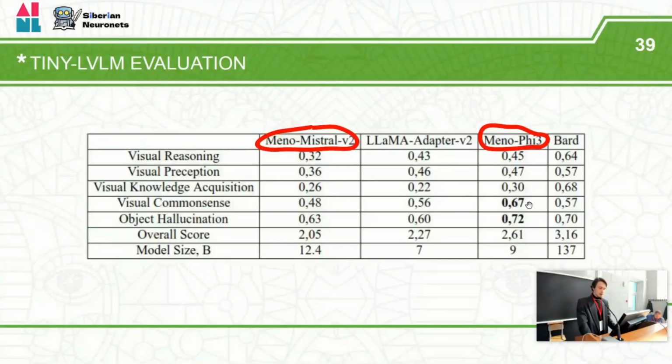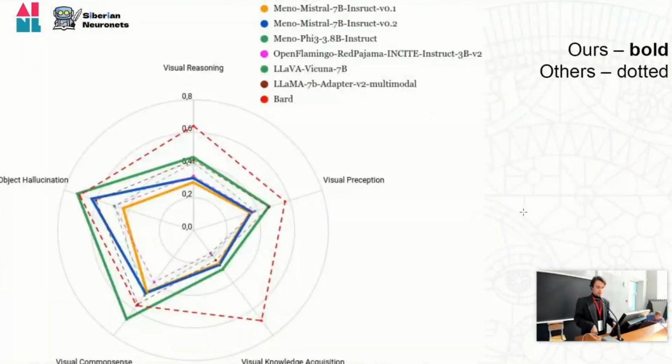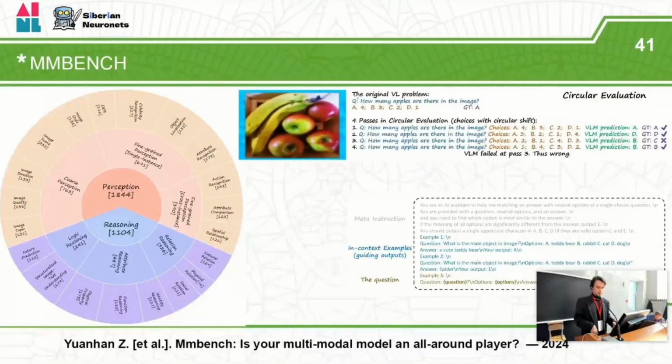We beat even huge models with a lot of parameters, like Bard, now known as Gemini, at least in visual common sense and object hallucination. And it was one of our goals, because we wanted to create an interpretable and adaptable system. Here is a diagram, if you want to look: our solution is in bold, and others are dotted. You can see visual common sense and object hallucination here.